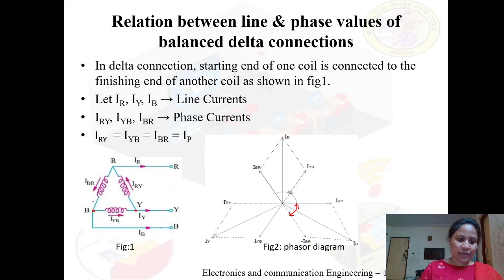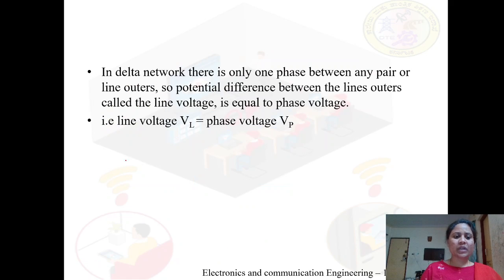This phase is connected between the two lines R and B, this another phase is connected between the two lines R and Y, and one more phase is connected between Y and B. Therefore, what we can see here is that the voltage across each phase is equal to the line voltage, or the phase voltage.